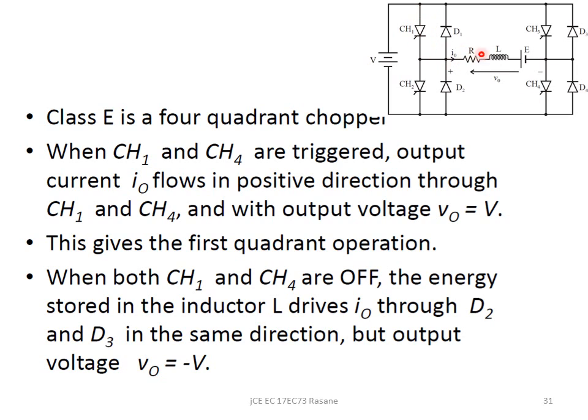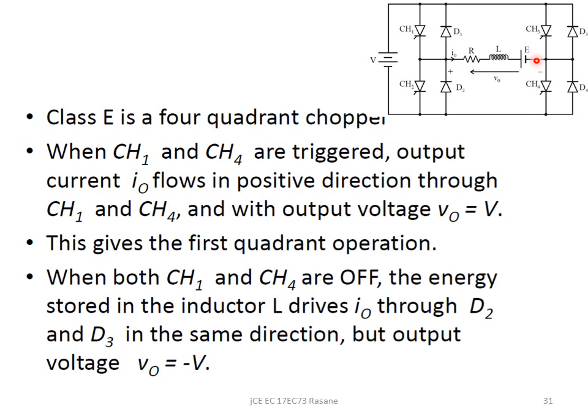So always these two will carry the current in the positive direction through CH1 and CH4, and output voltage is going to be connected to voltage V. So output voltage is positive. This is going to give me the first quadrant operation, because both voltage and current through the load are positive.